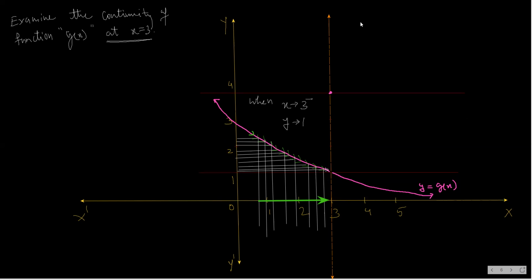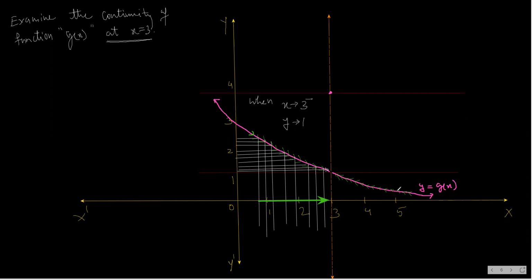On the other hand, if I move from right to left on the curve, approaching number 3, what is happening? We are coming close to number 3. Every number on this line is 3. As x is approaching 3 from the right to the left, there is a drop in the x value.